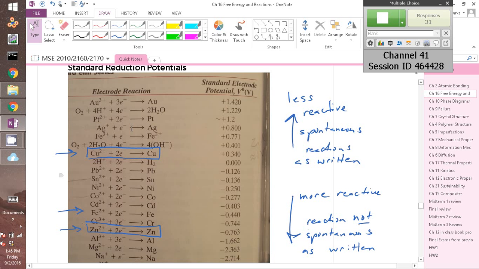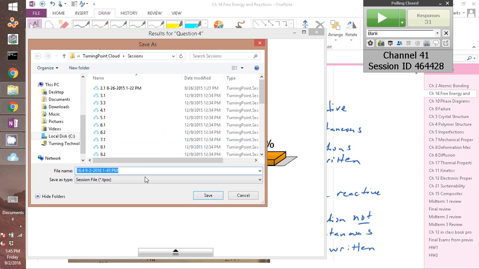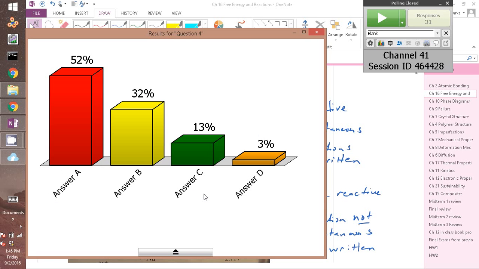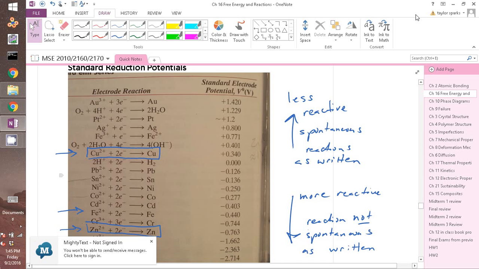Sorry, quick question. So when we compared change in G, 900 and then 690, could you also say that change in G is calculated as change in H minus T times change in S?